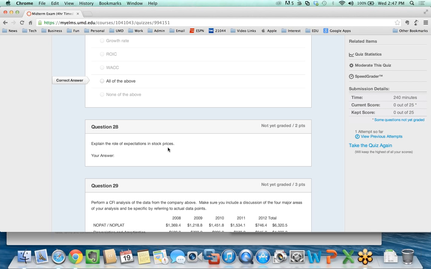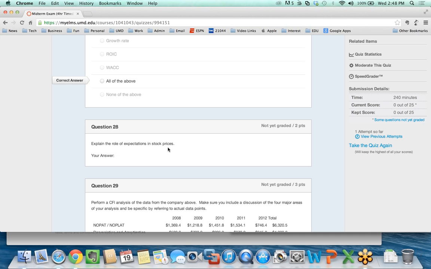In terms of explaining the role of expectations in stock prices, we had talked about how companies are based on their future cash flows. So the key to expectations is that the expectations are the expectations of the future cash flows that will be used to value the company. And so ultimately, expectations play a primary role in the valuation of companies.